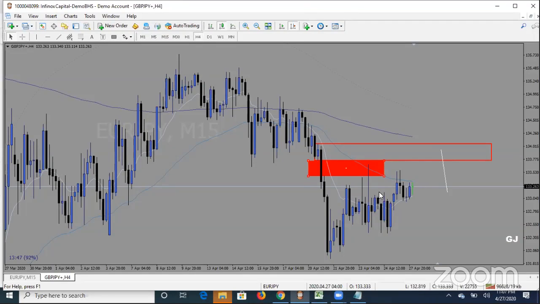I'll be expecting GJ to rally to this point, and inside this box, I begin to look for reasons to want to sell based on the candle formations inside the box. If GJ had gone lower, giving me another order block, then the new order block becomes my point of reference. For now, I'm not doing anything in GJ.